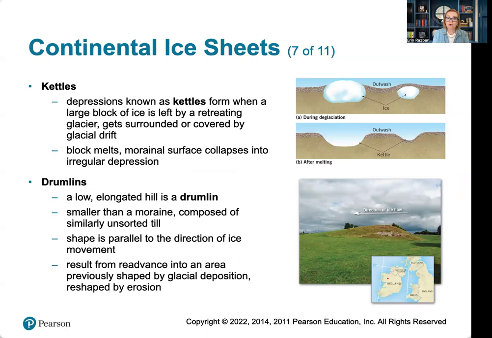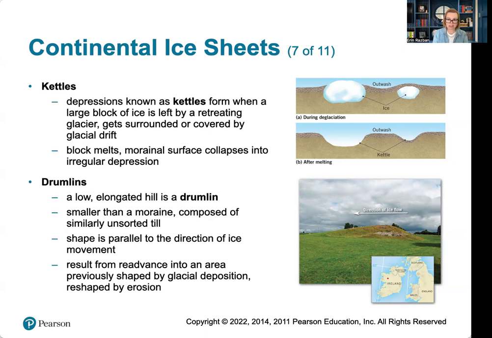Within these morainal landscapes, you'll often find kettles, irregular depressions created when blocks of stagnant ice became buried in sediment and eventually melted, leaving behind bowl-shaped hollows. Many of these kettles now contain lakes, like Walden Pond in Massachusetts, made famous by Henry David Thoreau.